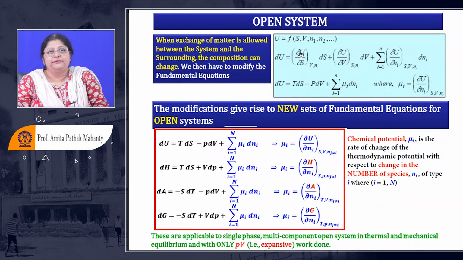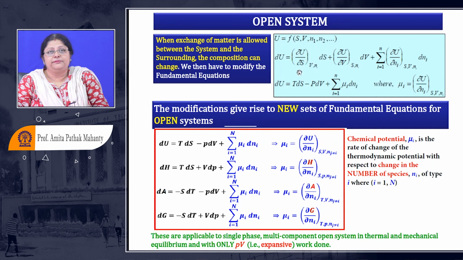So if I have to differentiate, I go from the fundamental definition of total differential. Total change in U is nothing but the change in U with respect to the entropy. Now we have U as a function of entropy and volume, and since it's an open system, it's a function of the number of moles as well.